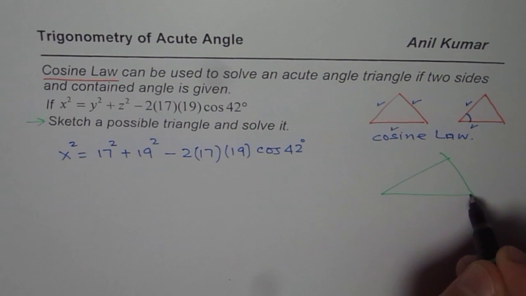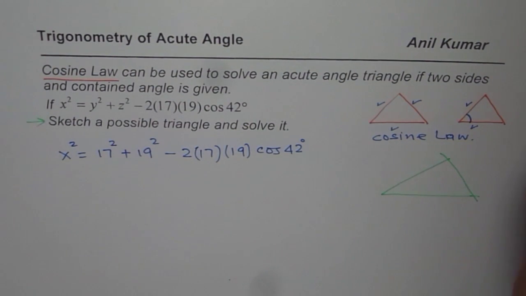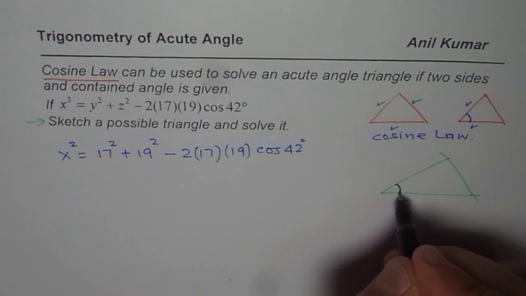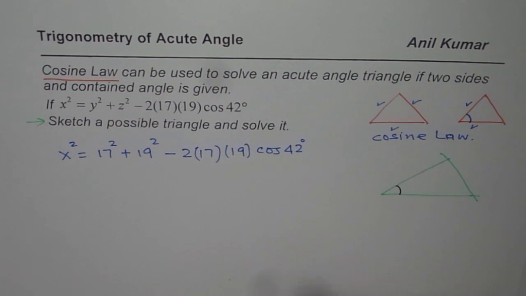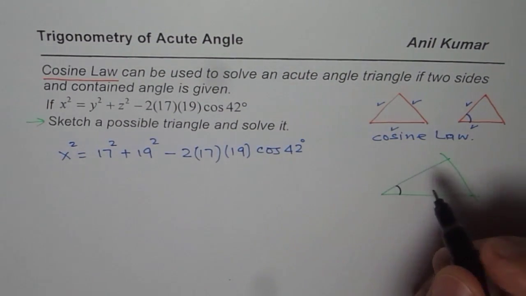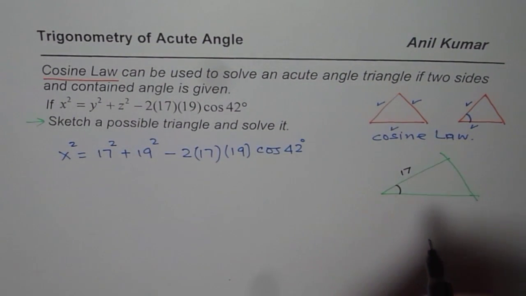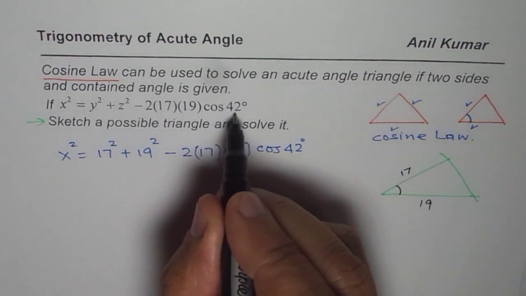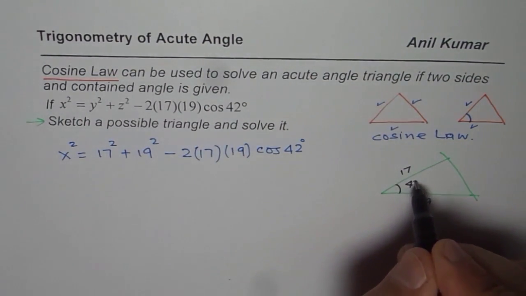Join these two. Now, angle given to us is in between these two sides. That is kind of important, right? So one of these sides is 17. So let me call this as 17 and this as 19. The angle which is between or contained is 42 degrees.